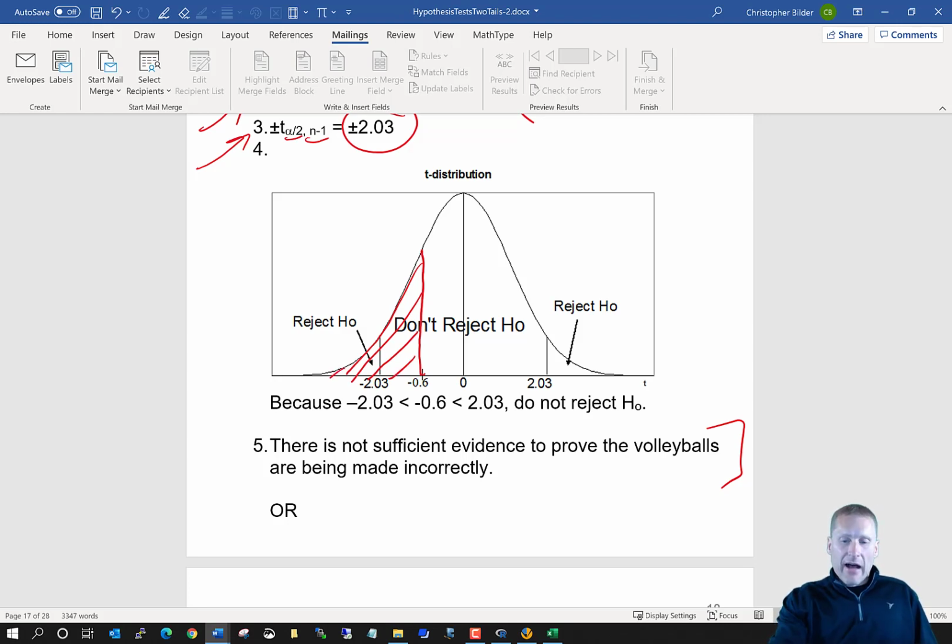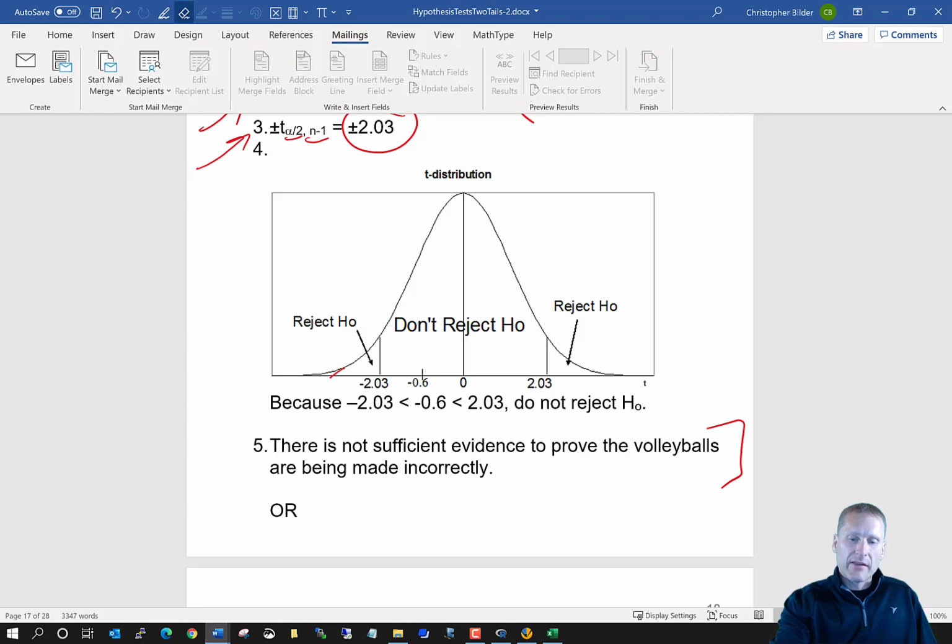That area is obviously bigger than the area to the left of this critical value. So because of that, since this area that we get from our test statistic is bigger, don't reject H0. Okay?